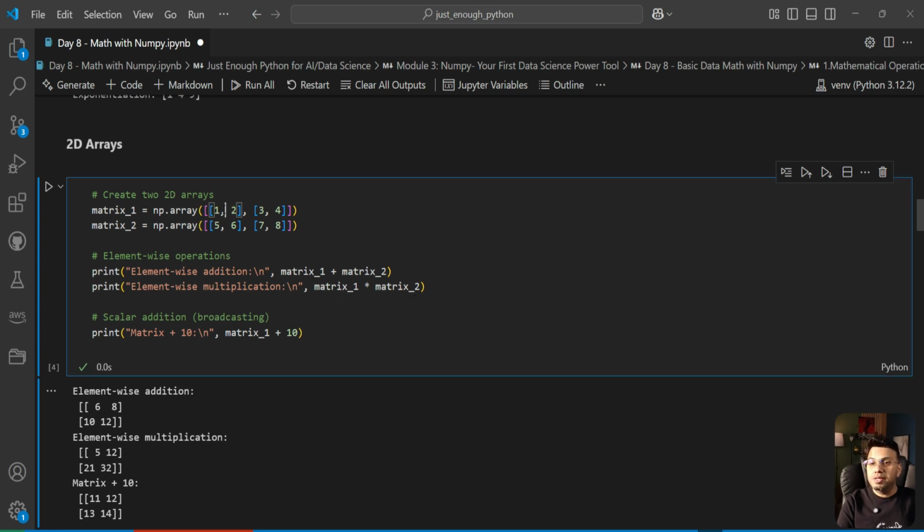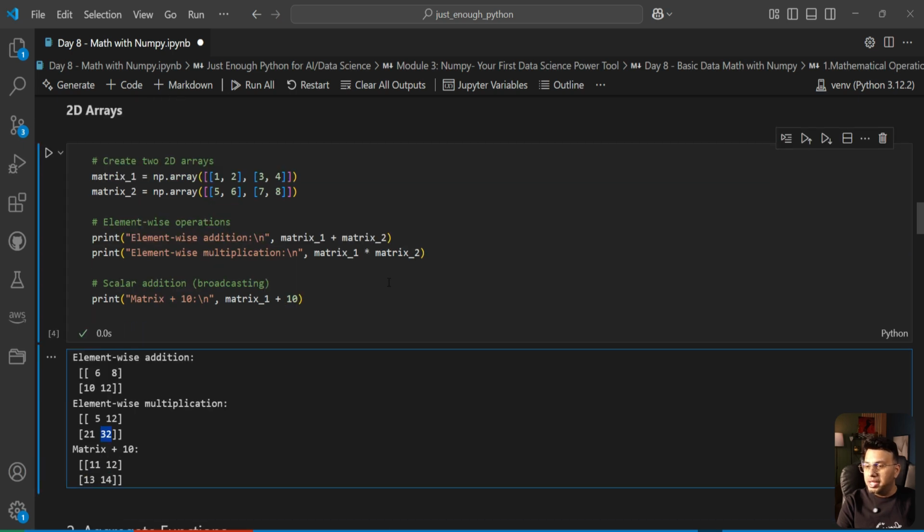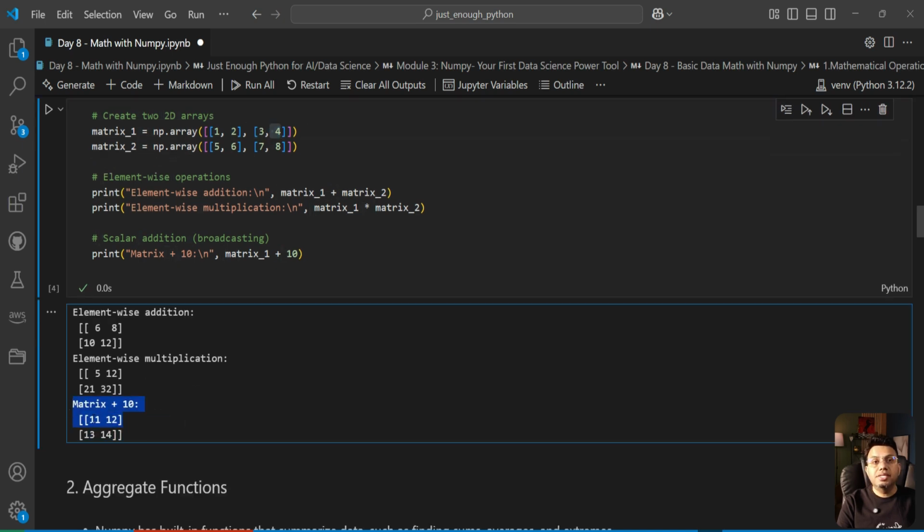We will again do multiplication element-wise. 1 into 5 is 5. 2 into 6 is 12, which is here. And 3 into 7 is 21. And 4 into 8 is 32. And next we are adding 10 to each element of matrix 1. So this becomes 11, this becomes 12, this becomes 13, and this becomes 14. And that's what you get here.